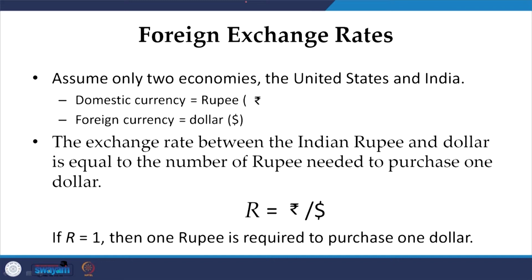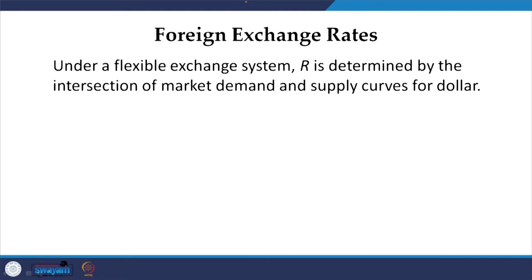Basically, how many units of domestic currency one foreign currency can purchase is part of the definition of the exchange rate. Now, the exchange rate R is defined as rupees divided by dollar. If R equals 1, then one rupee is exchanged with $1, that is, both the currencies are equivalent to each other.